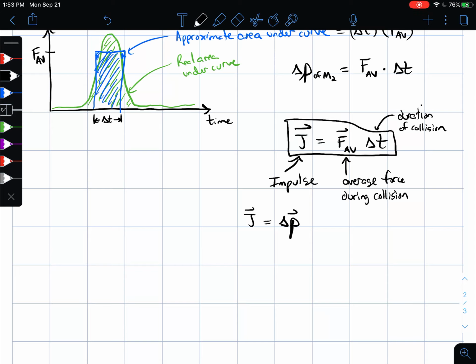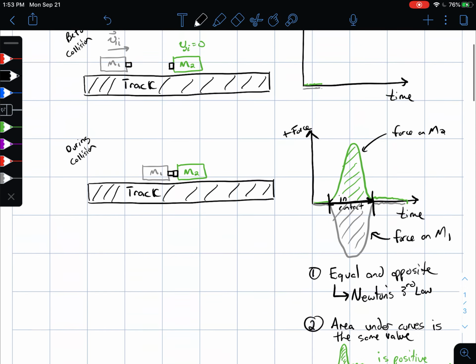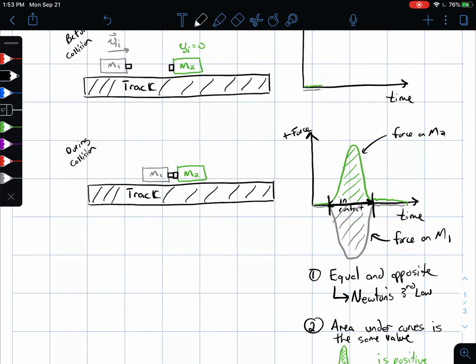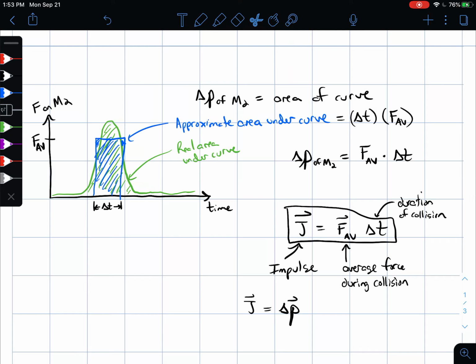So momentum will change before and after, right? And so if you're doing a problem where you're just looking at the before and the after picture, you want to use conservation of momentum to analyze it. If you're looking at a problem where you've got information about what's happening during the collision, that is when the things are in contact, then you want to use the impulse analysis. Okay, that's it.